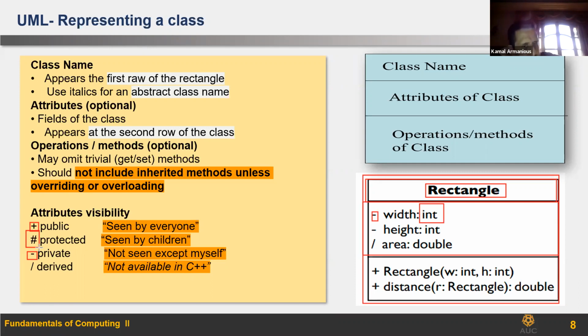And at the end of the day, they are seen by the children. So this is very similar to when your father or your mother tells you only members of this family will see so and so in the house. However, the guests will not see so and so in the house.